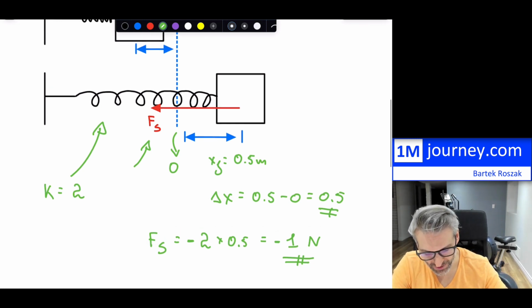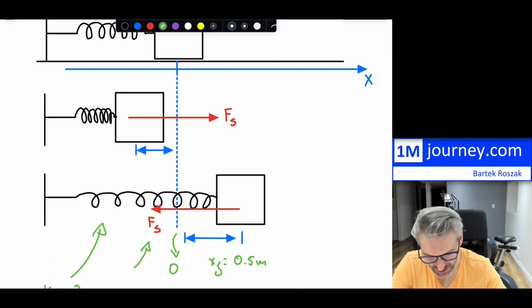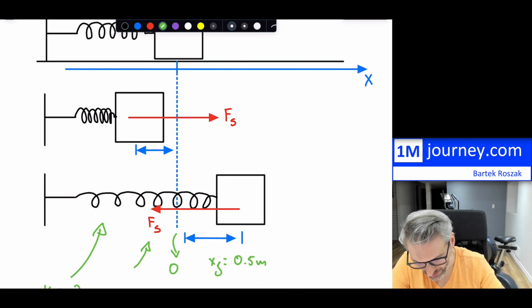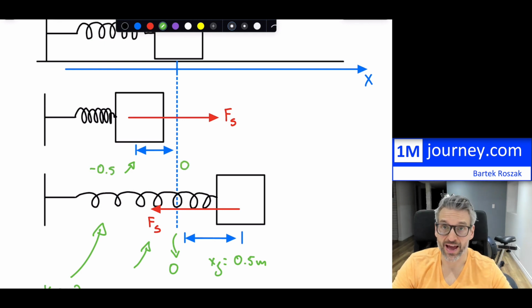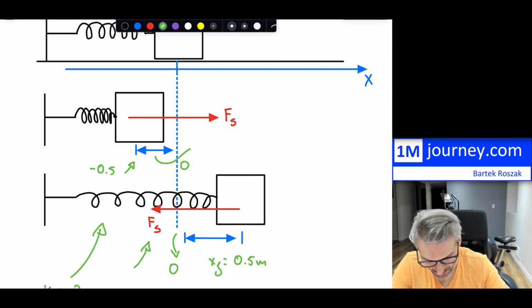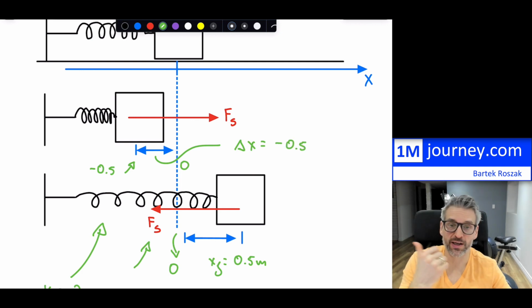And the same thing happens if you did it in the opposite direction. Notice that this value right here, maybe this was negative 0.5 with respect to 0 over here. So if you did xf minus the xi, your initial, this would have given you a delta x equal to an actual negative value, negative 0.5, because you moved to the left.